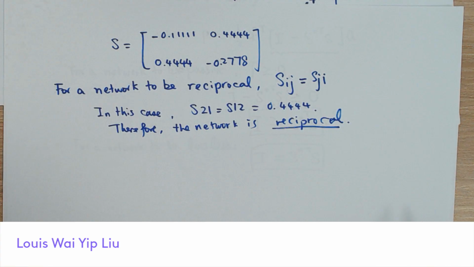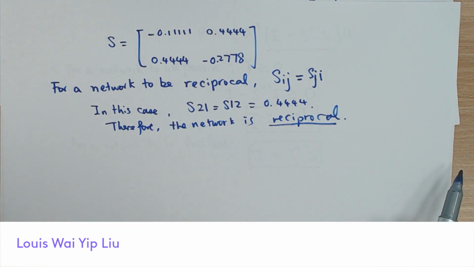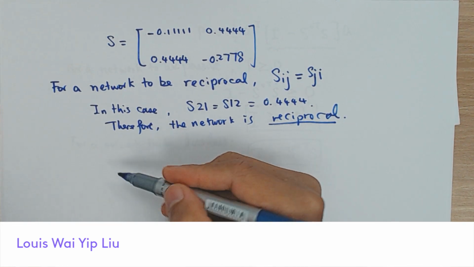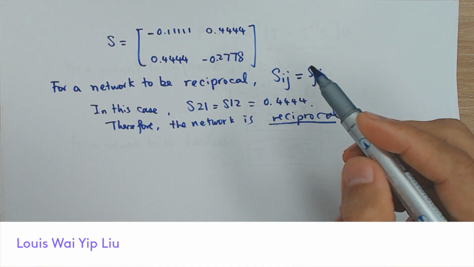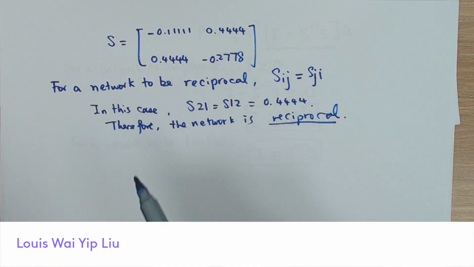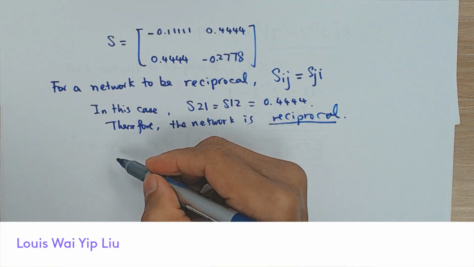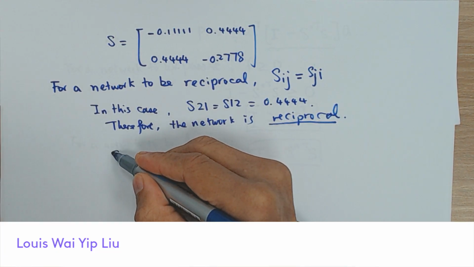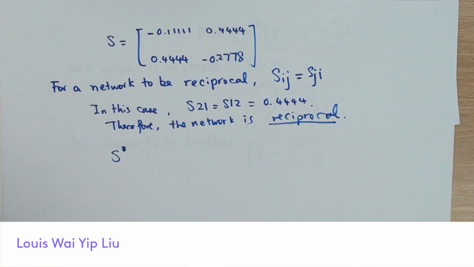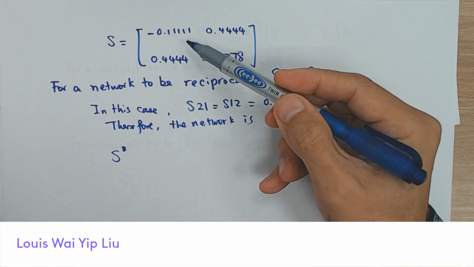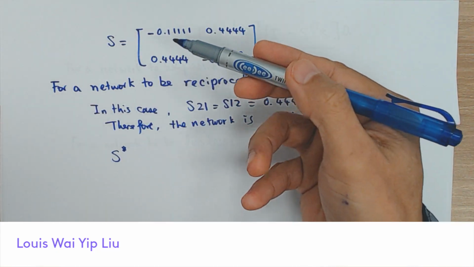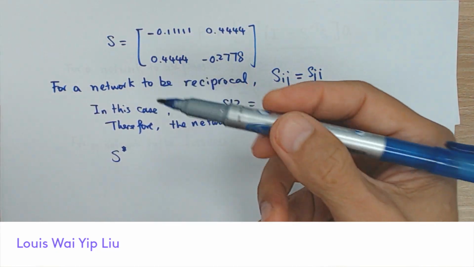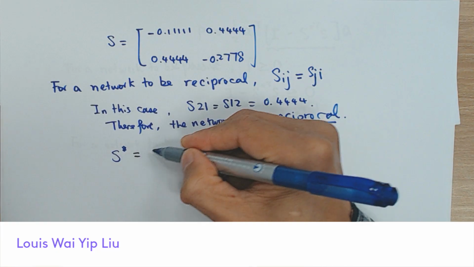Now the next check that we need is to check the power. We now need to find S conjugate. None of the values here is complex, so whether it is conjugated or not remains the same.